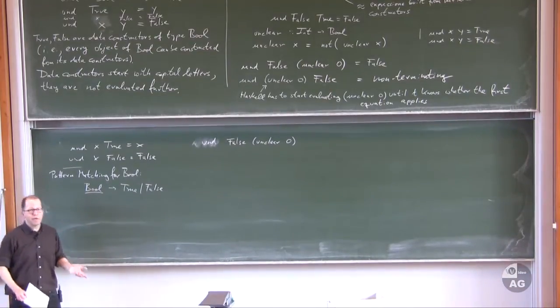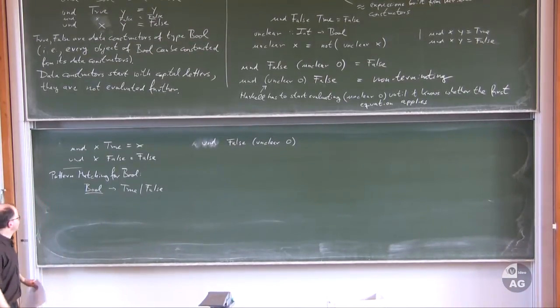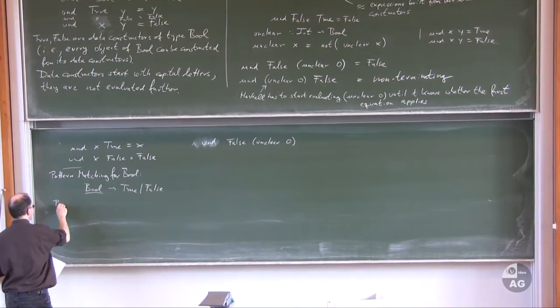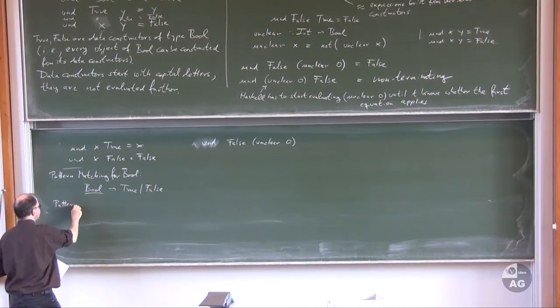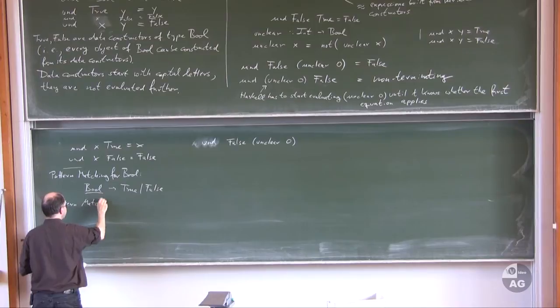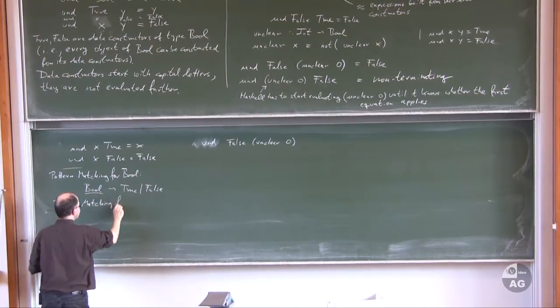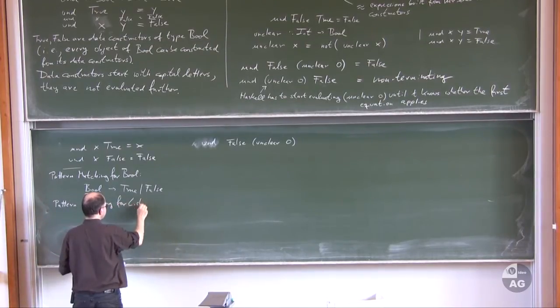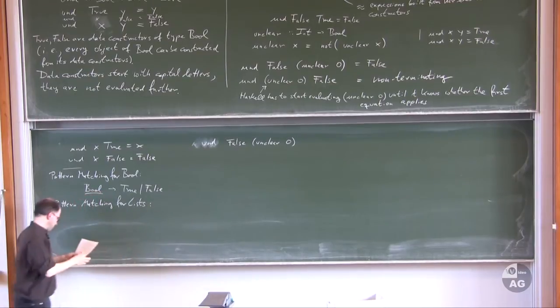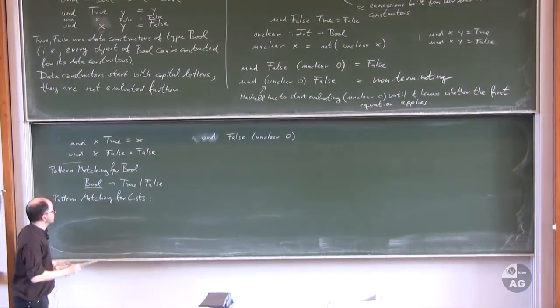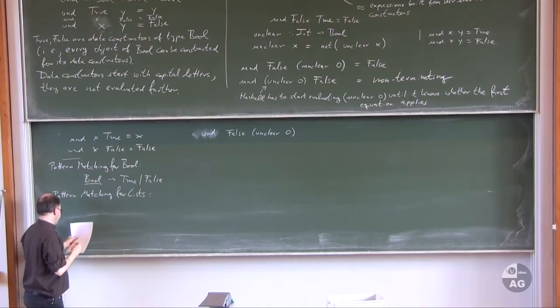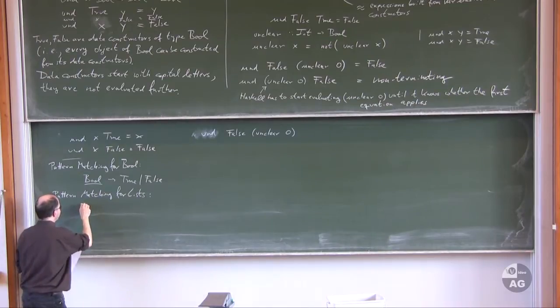And now, in a similar way, you can do this for other data types as well. Let's do it for lists. So how would pattern matching work for lists? Let's maybe do this first for lists of Booleans.